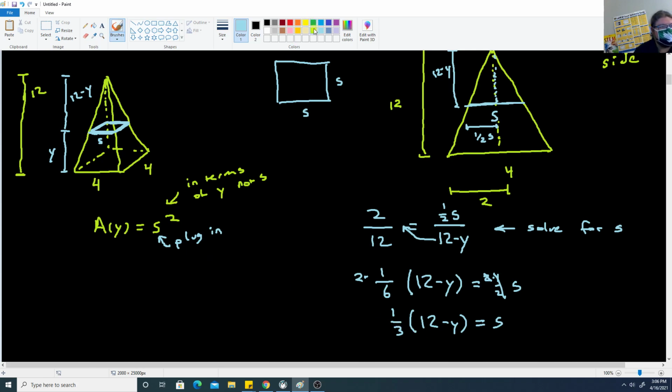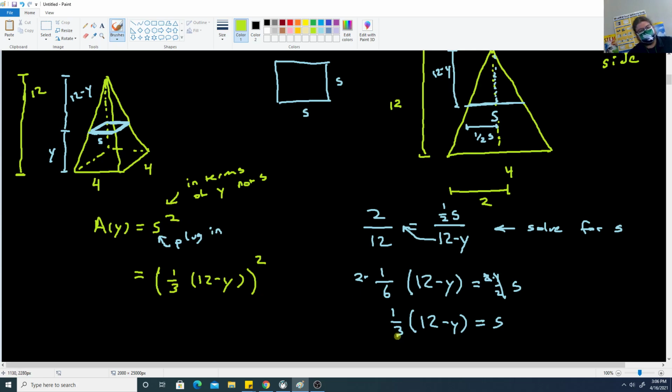So I'm going to go over here and plug that in. That says my area function will be open parentheses, 1/3 times 12 minus y, whole thing squared.